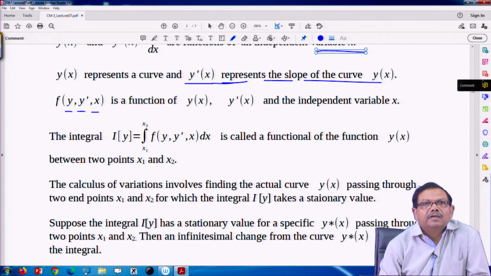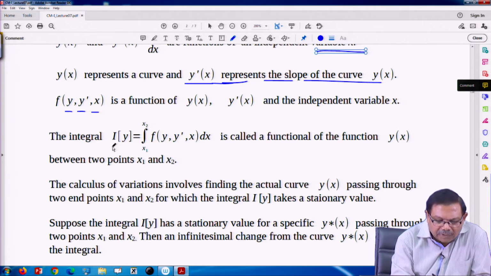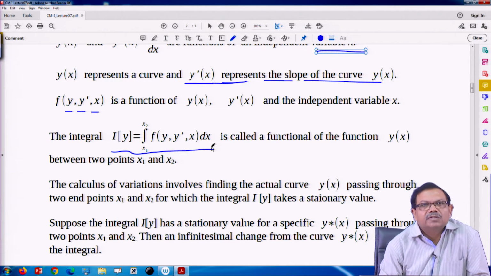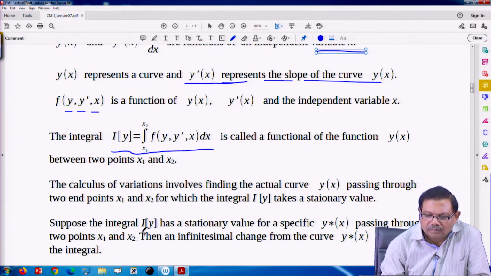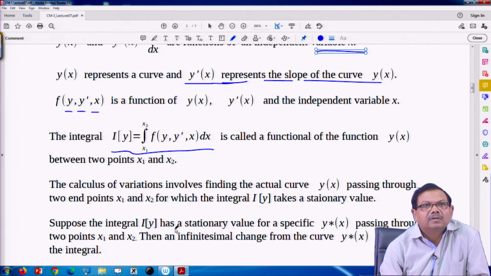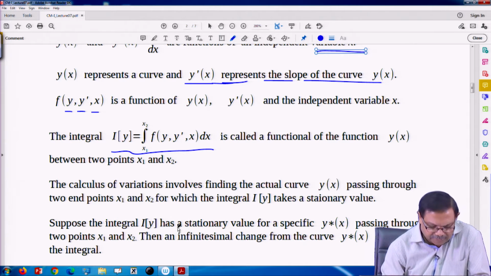Now, we define an integral I of y, which is the integration from one point x 1 to another point x 2, and the function is integrated with respect to x. This is a function of a function.